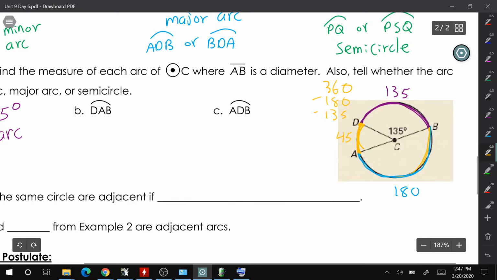So now DAB will be 45, this part right here, 45, plus this part, 180, which will give us 225. So it's 225 degrees, and it is a major arc.